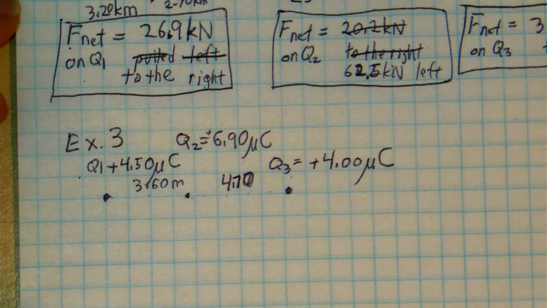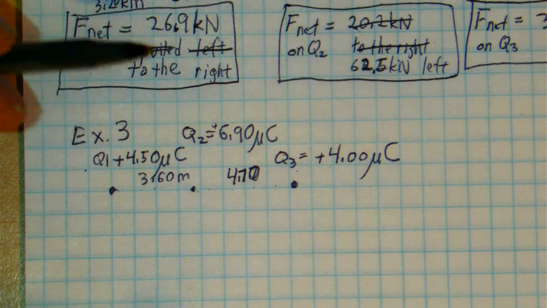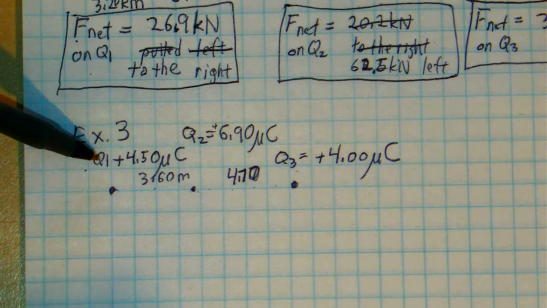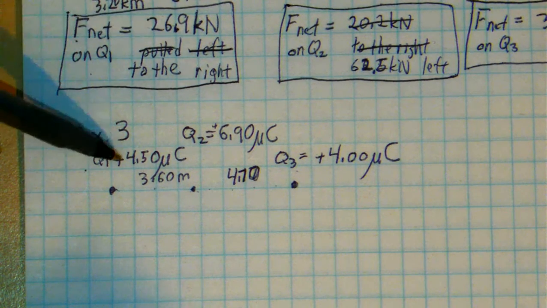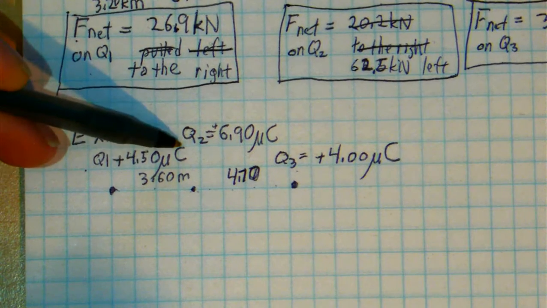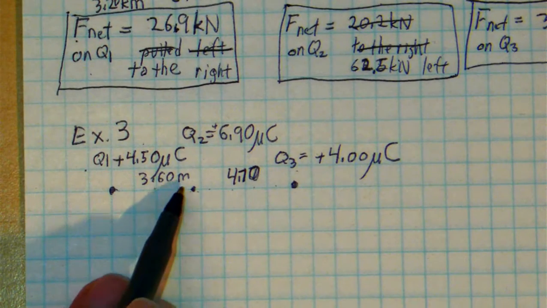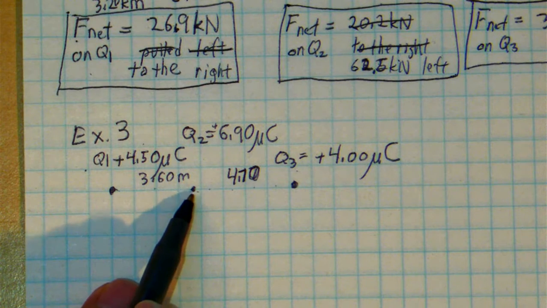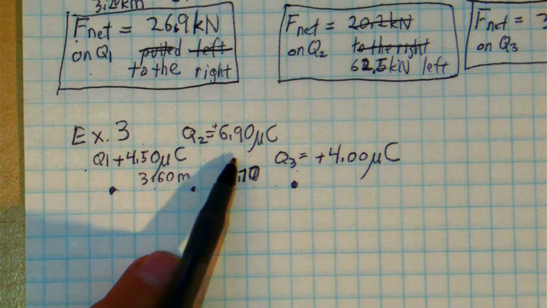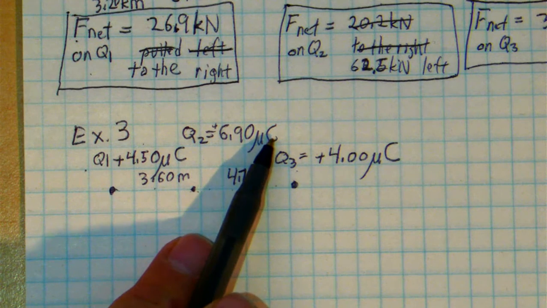All right, here we go with example 3 on Tuesday, January 12th, 2021. Charge Q1 has a value of positive 4.50 microcoulombs. Located a distance of 3.60 meters to the right of it, charge Q2 has a value of 6.90 microcoulombs.